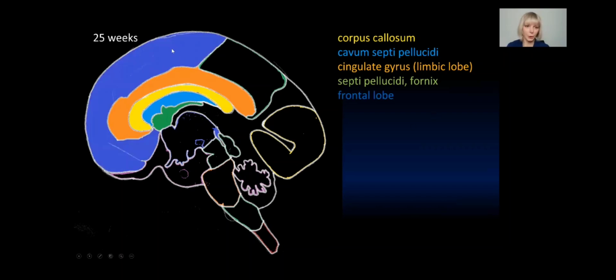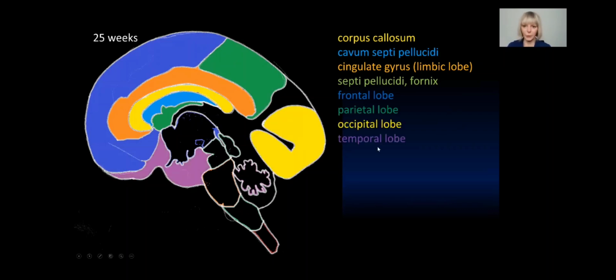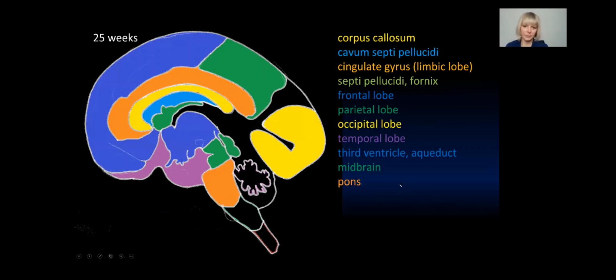We have the frontal lobe, which is separated from the parietal lobe by the central sulcus, the occipital lobe, the temporal lobe, the third ventricle and aqueduct, as well as the midbrain, in which the aqueduct runs through, the pons, the vermis, the medulla, and the spinal cord.